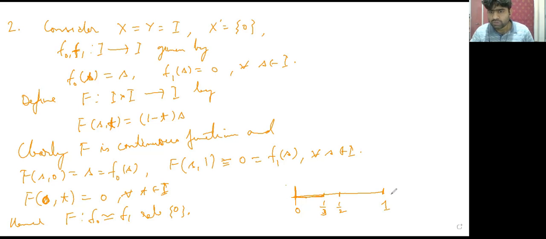This whole interval is mapped to this one. So initially your f naught was mapping this to itself. Then next, if you consider f_s at 1 upon 4, right?